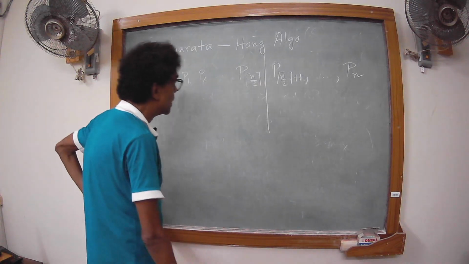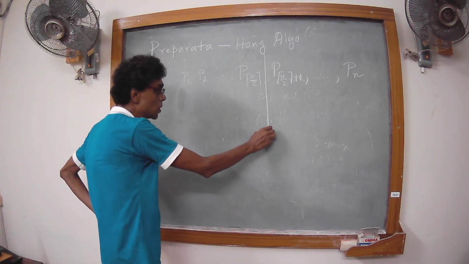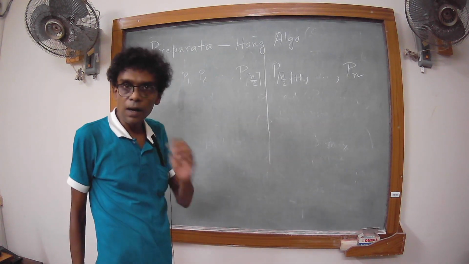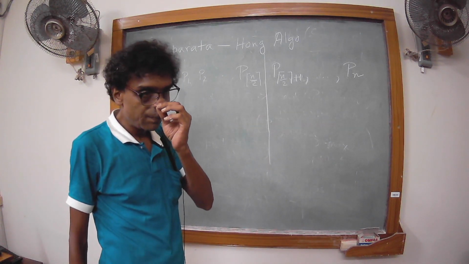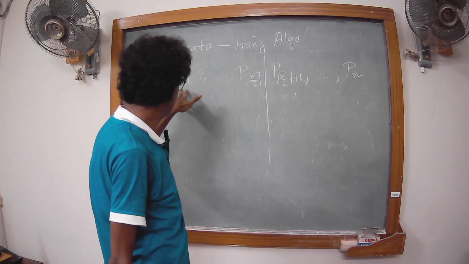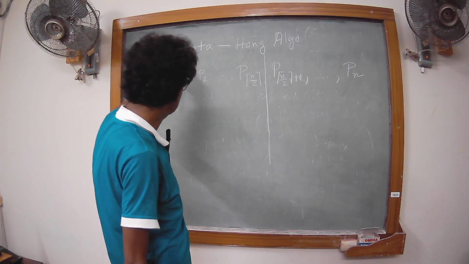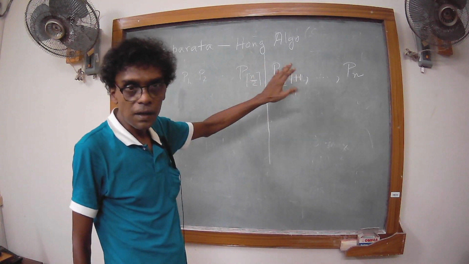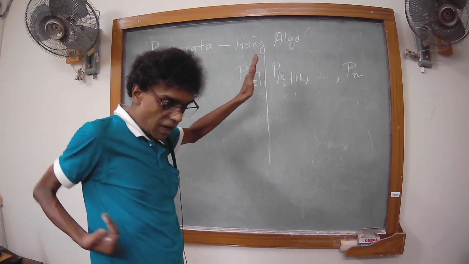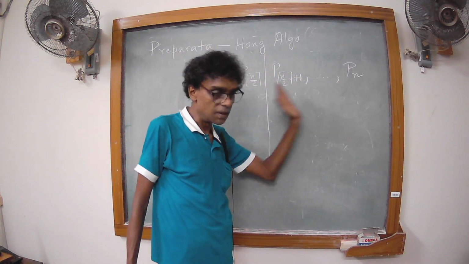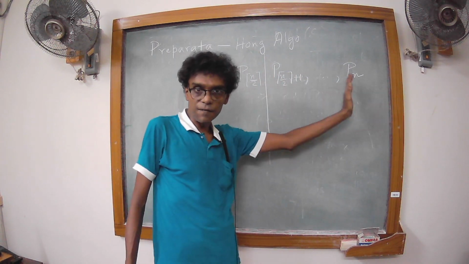And then like merge sort, what do I do? I recursively compute the complete convex hull of the left half and recursively compute the hull of the right half.